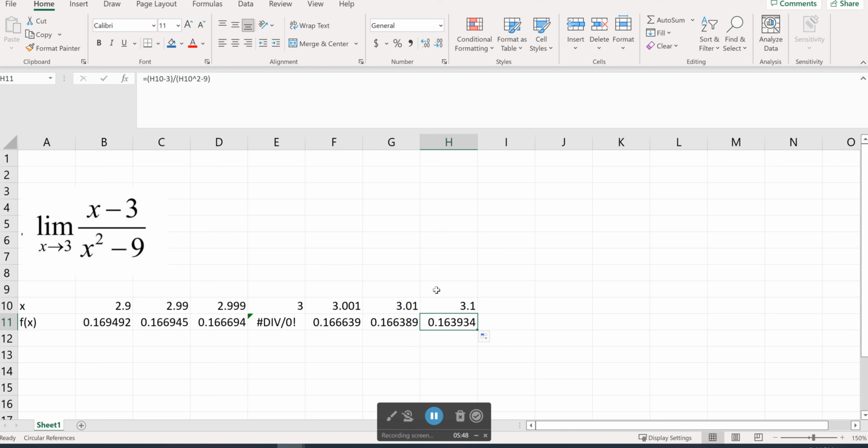So as x decreases towards the value 3, or as x approaches 3 from above, the corresponding f of x's, the outputs, seem to be increasing towards the value 0.17.